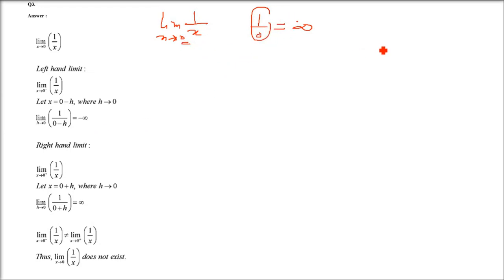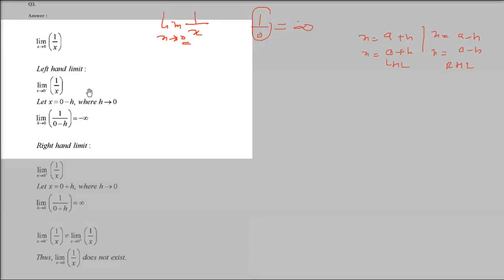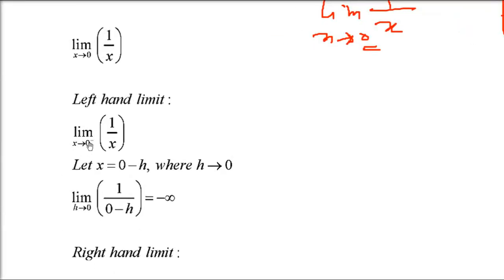So the critical point is x equals 0. When you put x equals a plus h on the right hand side and a minus h on the left, you have a as 0, so 0 plus h and 0 minus h. The left hand limit, right hand limit. So just put it here. Limit x tends to 0 minus, so we are showing that it is on the left hand side.